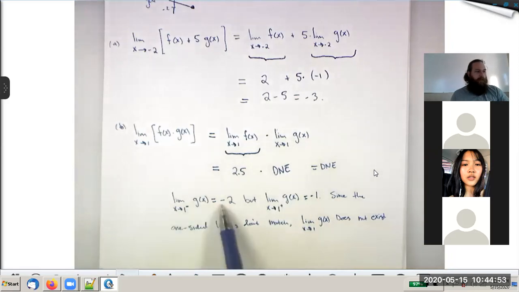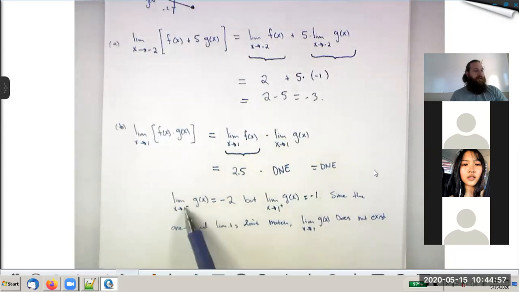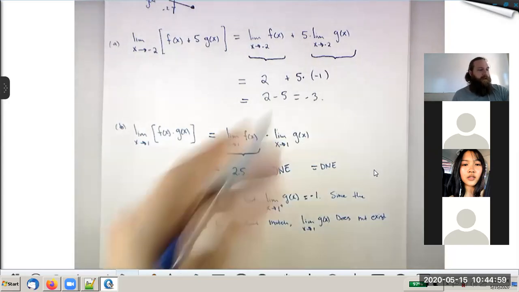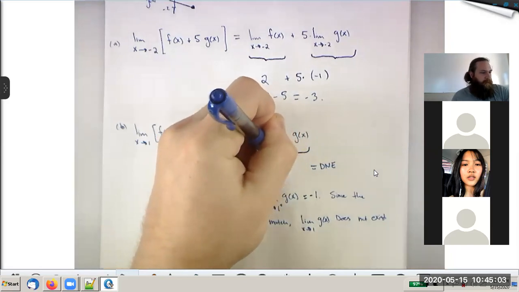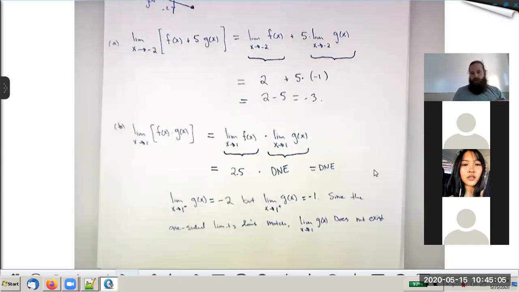But here the left limit is -2, the right limit is -1, and since those are not the same, this limit right here does not exist. And so the limit I was asked to compute is 2.5 times something that does not exist. Well, if something does not exist, it's very hard to multiply it by 2.5. So the overall limit here, I would say, does not exist.